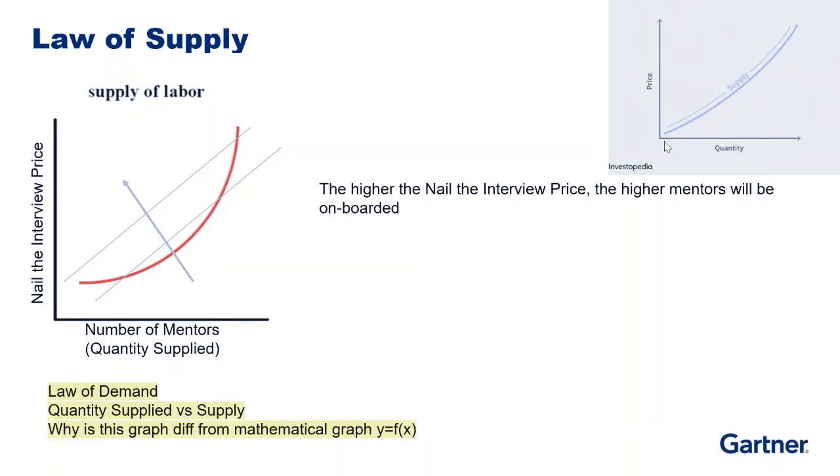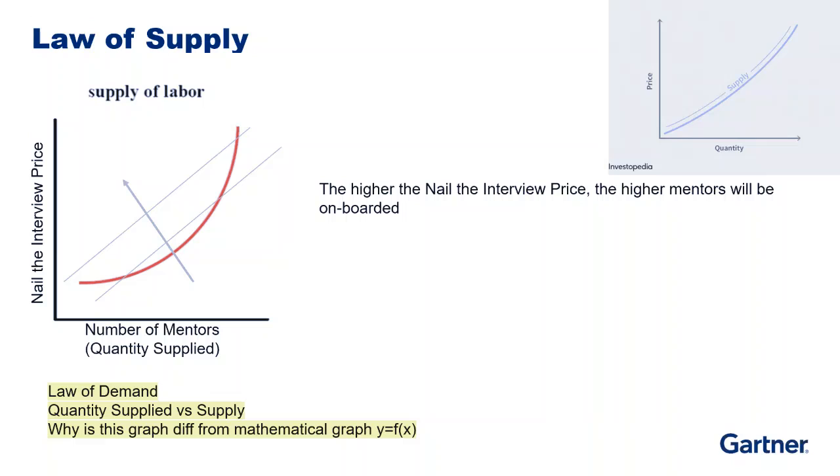And the law of supply says that, given everything in the world is constant, if we increase the price, the quantity supplied will increase. Let me give an example with respect to 100 percentile. Let's say tomorrow I offer this course at 10,000 rupees. Then a lot more mentors will join my course and agree to work with me to teach other students.